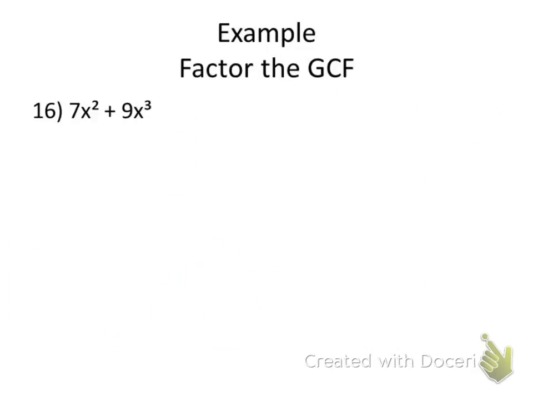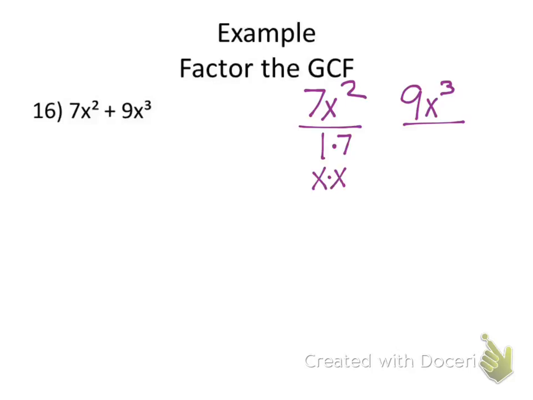All right, here's number 16. So I'm going to do 7 x squared, 9 x to the third. For 7, we have 1 and 7, and then x times x.